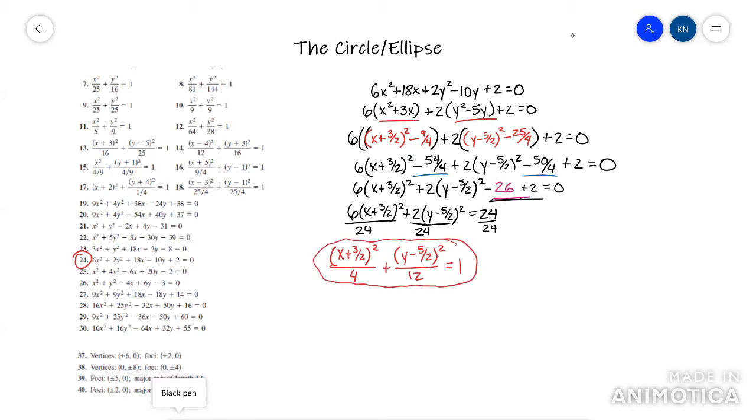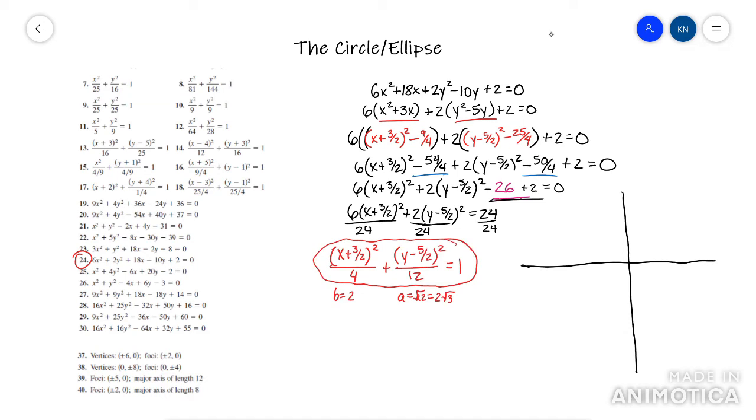That was a challenging one because there were some fractions, but it's not that bad. All right, so now I know a is the square root of 12, which is 2 root 3. B is the square root of 4, which is 2. And so I have an ellipse.